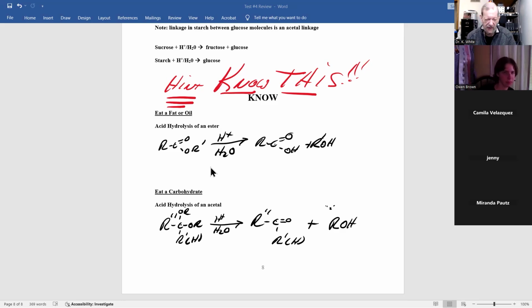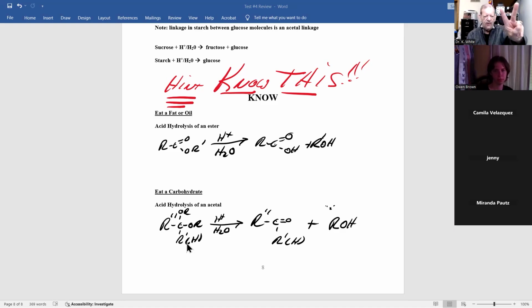And you should know how to describe with words and a general reaction what happens when you eat a carbohydrate. In your stomach, there's acid and water. That's acid hydrolysis of an acetal. Because what holds glucose together in starch? Acetal linkage. So you have acid hydrolysis of an acetal.